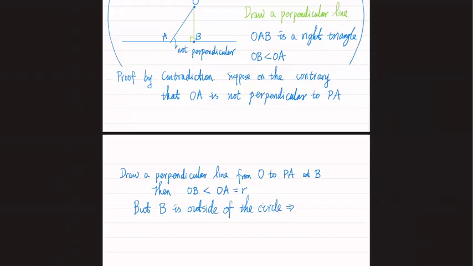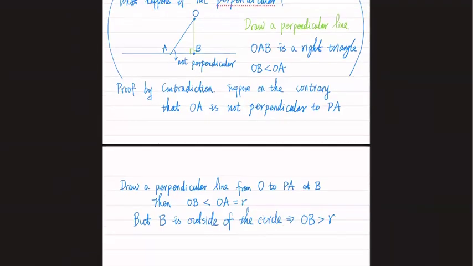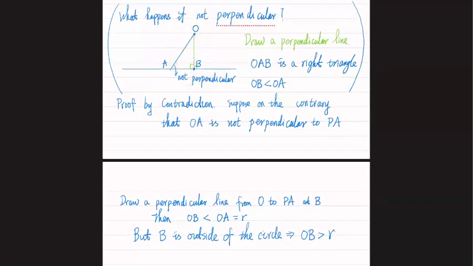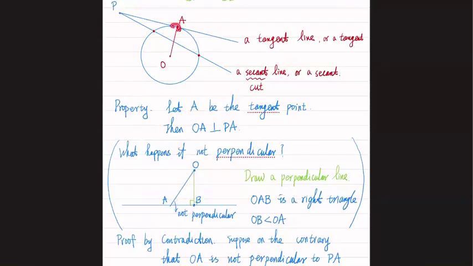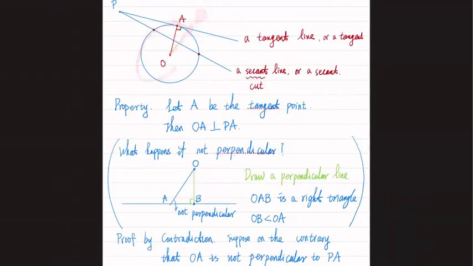This implies OB is bigger than R. Now we see if we follow this figure, it's not perpendicular, then OB is less than the radius. However, if we follow this picture, we draw a perpendicular line. This point B is outside of the circle. This must be bigger than R.